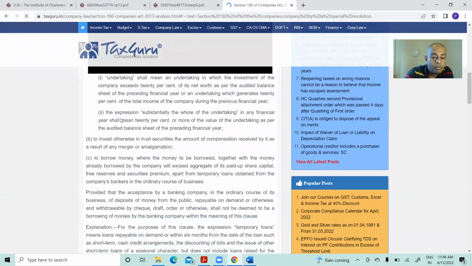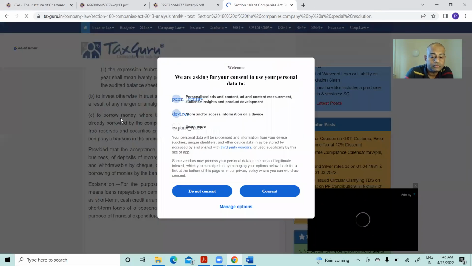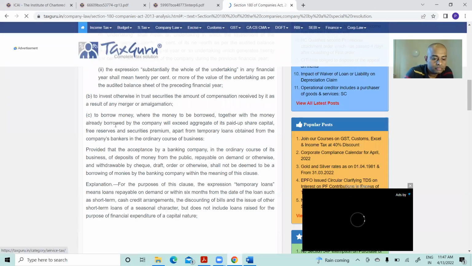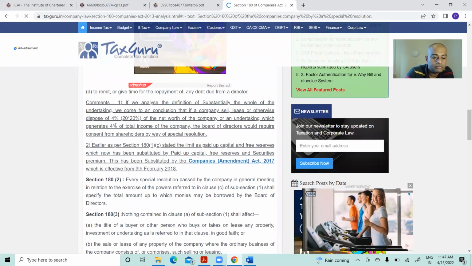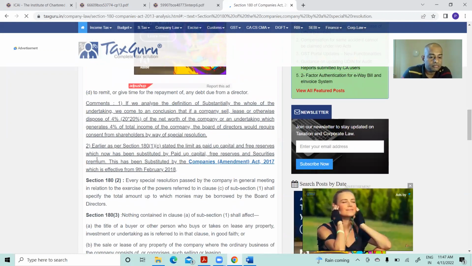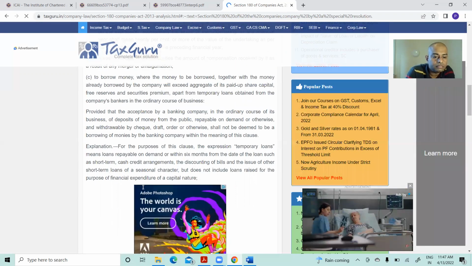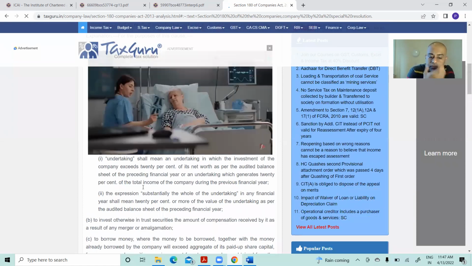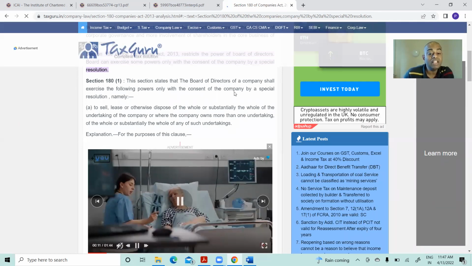So look here. This section states that the board of directors of a company shall exercise the following powers only with the consent of the company by a special resolution.